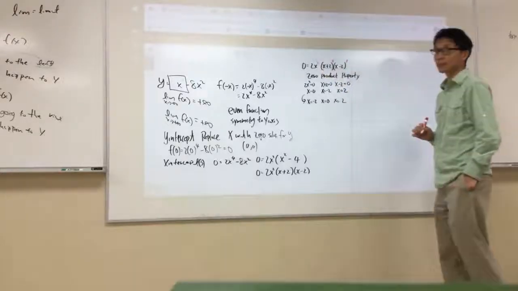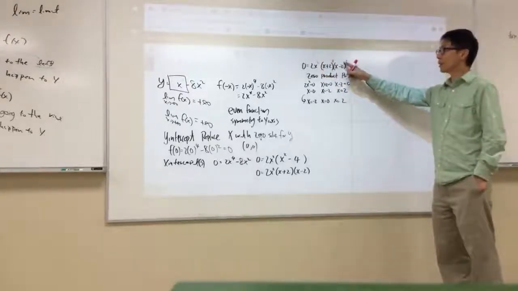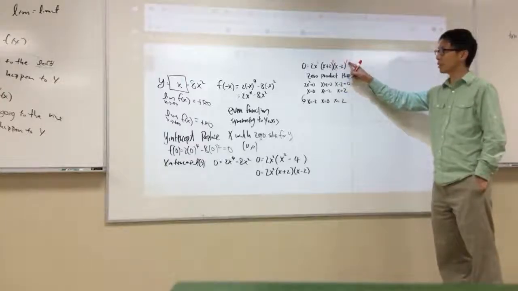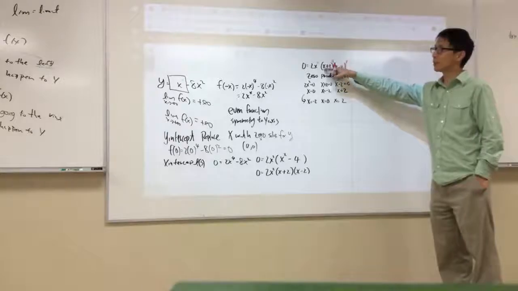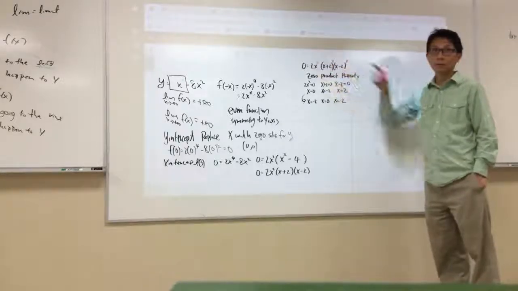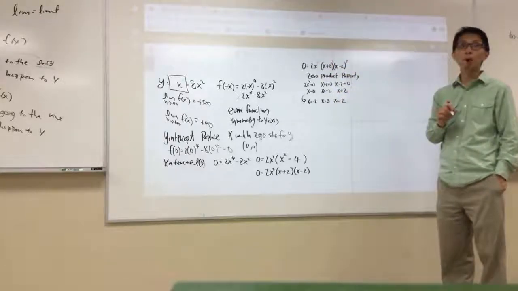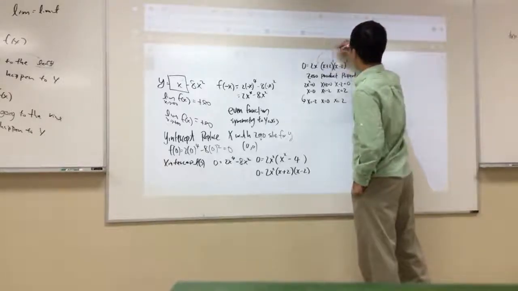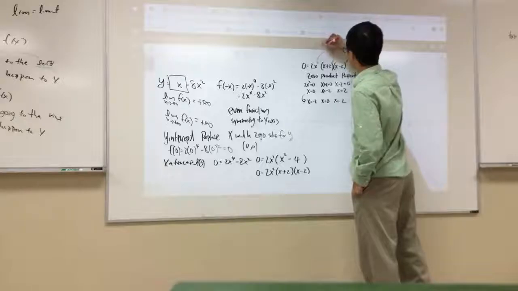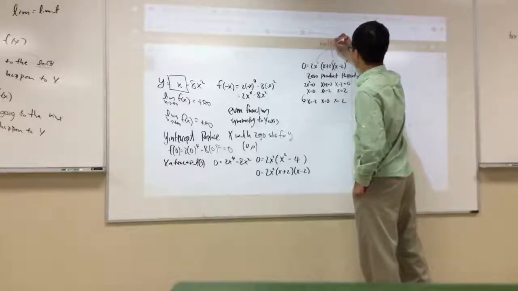This is the exponent of this zero, the exponent of this zero. This is something called multiplicity. All of these have one name. It's called multiplicity.